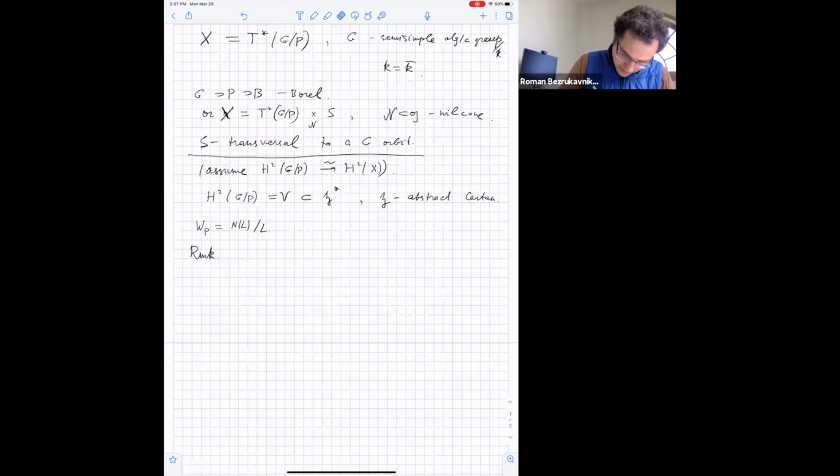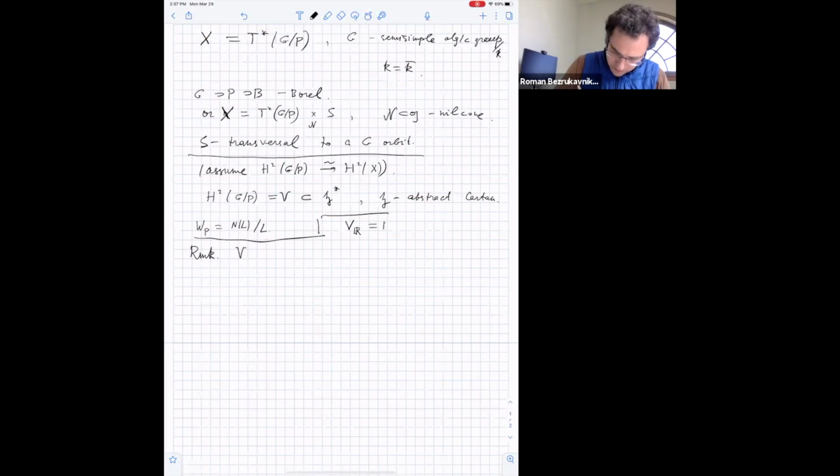Sorry, I didn't specify the coefficients here, but let me say that V_R will be the corresponding real thing.